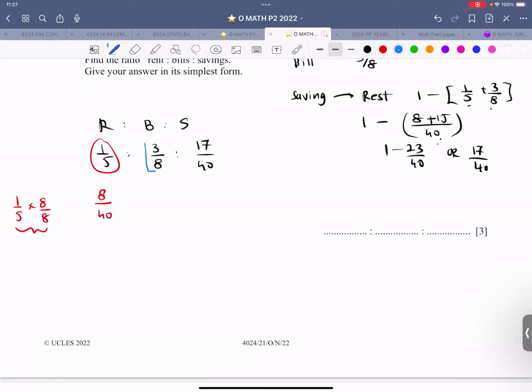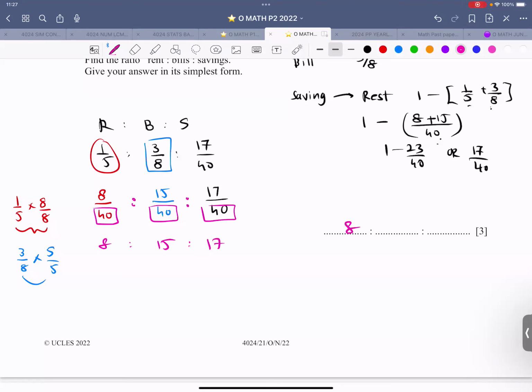Let me take 3 over 8 and multiply and divide by 5. So 8 into 5 is 40 again, and 3 into 5 is 15. And the last one is 17 over 40. Since they all have a common denominator of 40, that cancels out, and we are left with 8 is to 15 is to 17. That is the ratio.